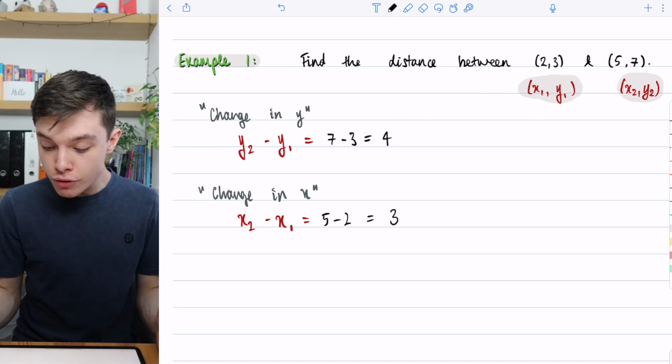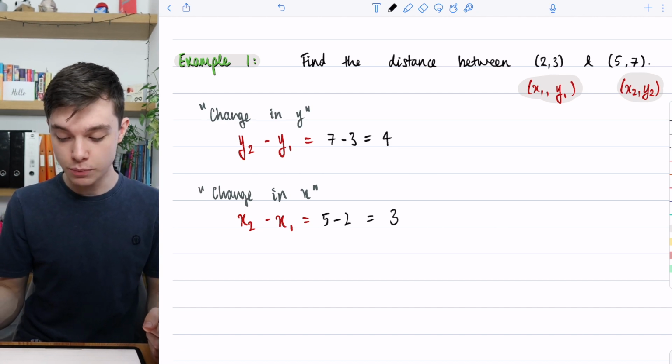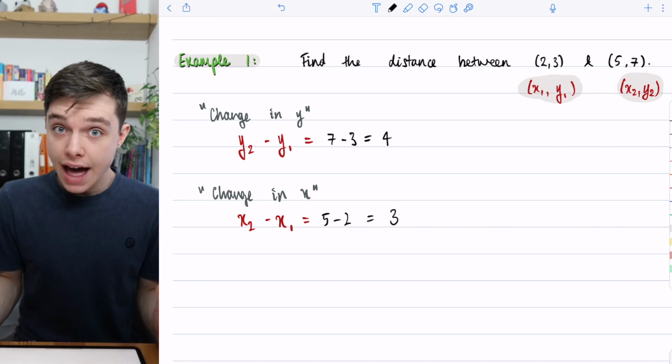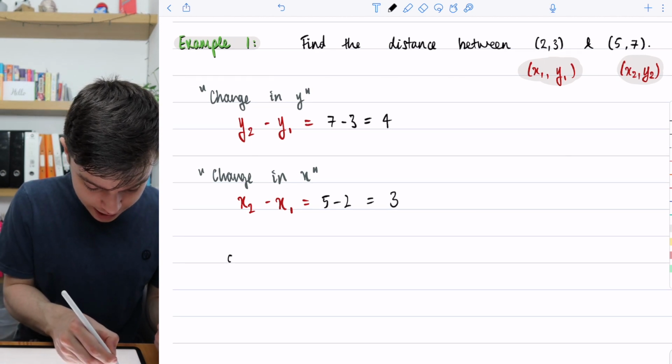Okay, so we could graph this to actually see what was going on, but I think at A-level it's quite easy just to visualise 2 points in your head, but do graph them if you want to. And then all we need to do is do Pythagoras on that. So we'll substitute it into the D formula.